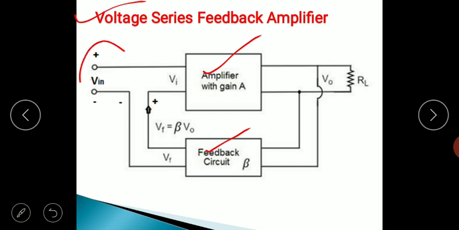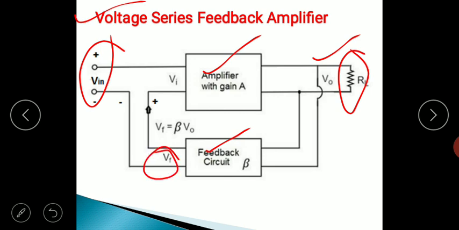This is the source input Vin, and we have the load resistance RL, and across RL we get the output V0. That output V0 is connected as an input to the feedback network, and whatever feedback signal we get, VF, which is equal to beta times V0, you can see it is connected in series with the external input.